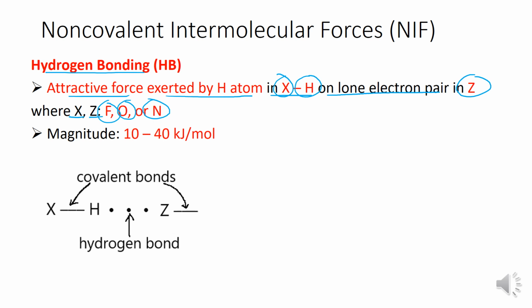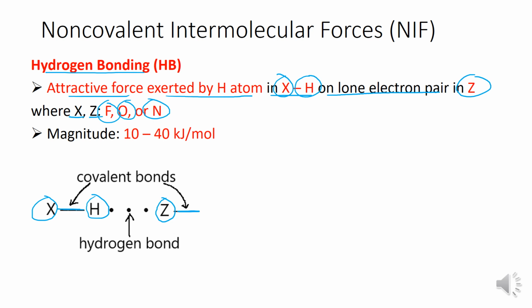For hydrogen bonding, again, we need a hydrogen atom that has a covalent bond with an atom X, which can be fluorine, oxygen, or nitrogen. And we need another atom Z, which also can be fluorine, oxygen, or nitrogen, and that atom has a covalent bond with another atom.